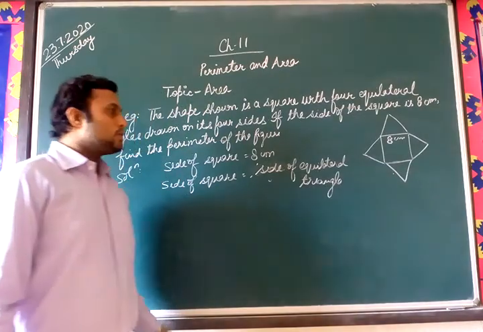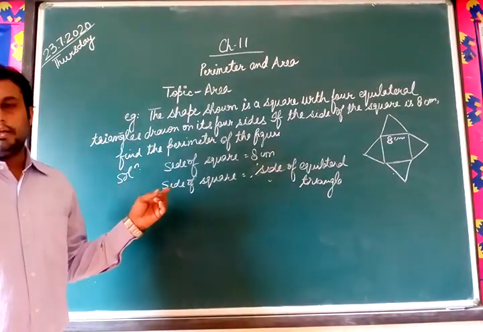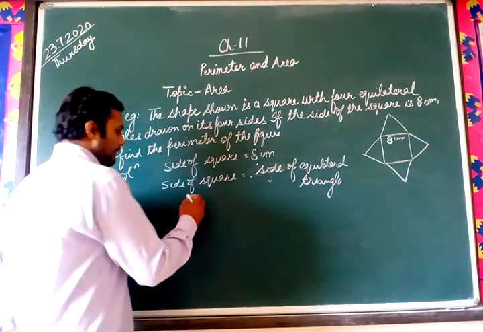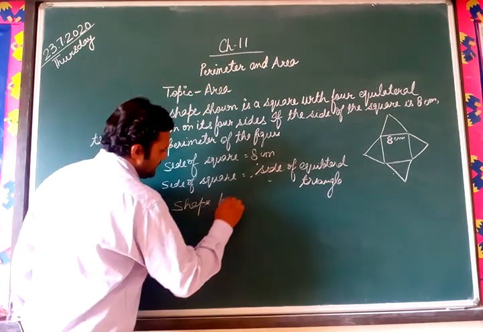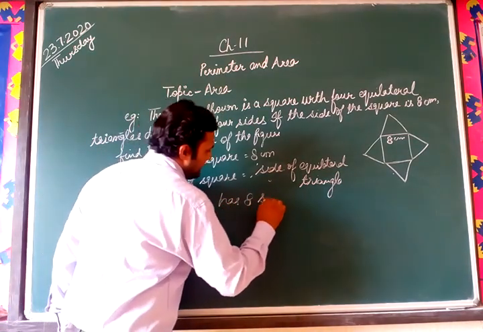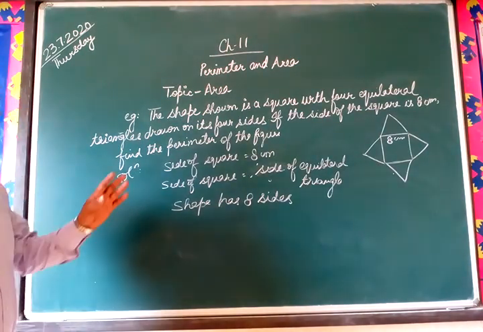So the side of the square and the side of the equilateral triangle are both equal. We can say that the shape has all 8 sides equal.